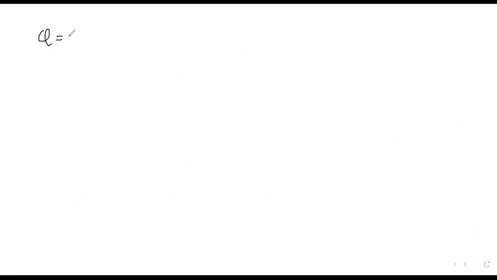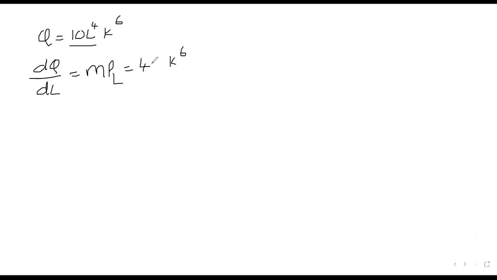Even if you had a Q, Q is equal to 10L to the power 4, K to the power 6. The Q stands for total product, so dQ over dL is the marginal product of labor. So our dummy is what? K6. What are we going to remain with? 10L4. So 10L4 becomes what? 40L3. Then if you're going to differentiate the Q over the K, this is called the marginal product of what?